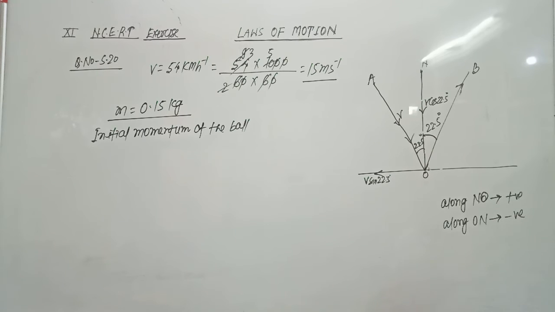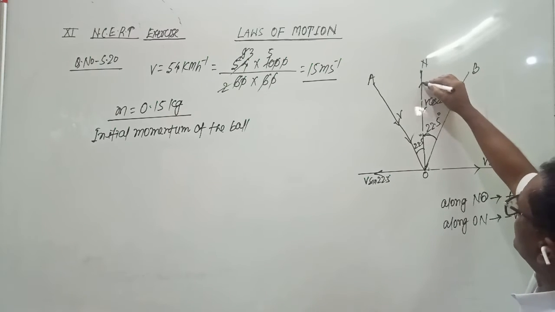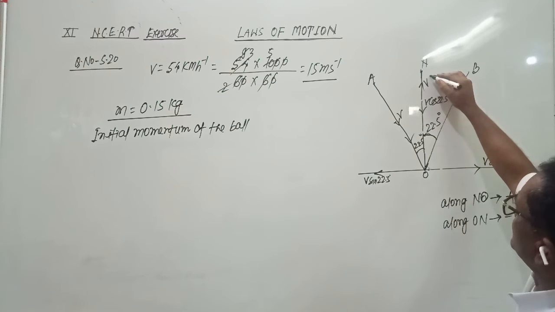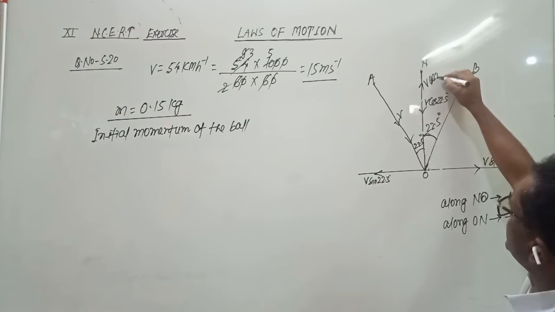Again there are two components: V sin 22.5 degree and the vertical component V cos 22.5 degree.